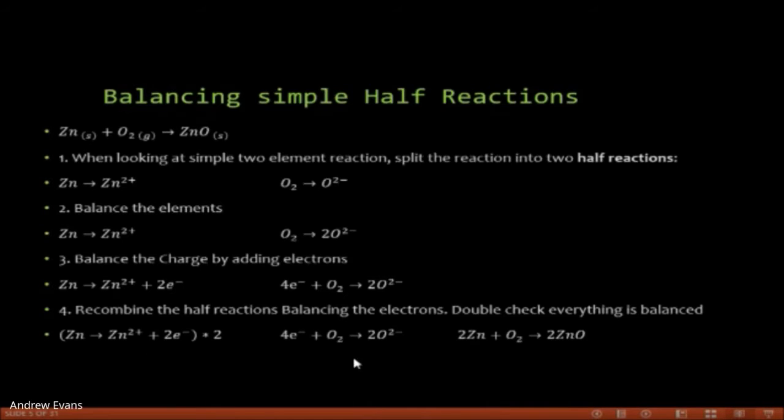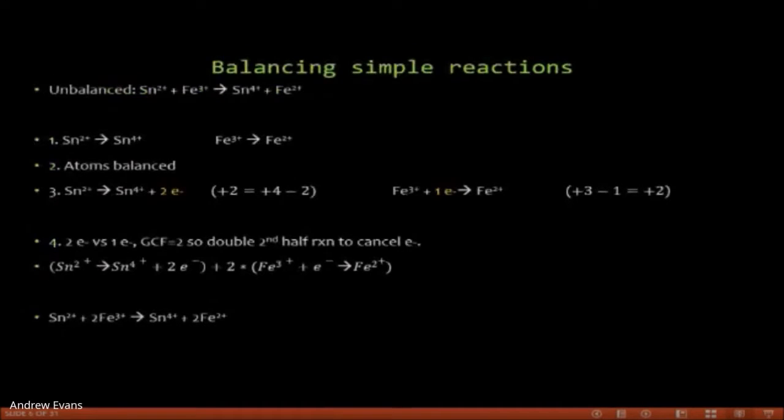The 4 electrons will cancel out. When we put these back together, we get 2 zinc plus oxygen gives 2 zinc oxide. Now that one's kind of simple, but we'll see sometimes it's not as clear.